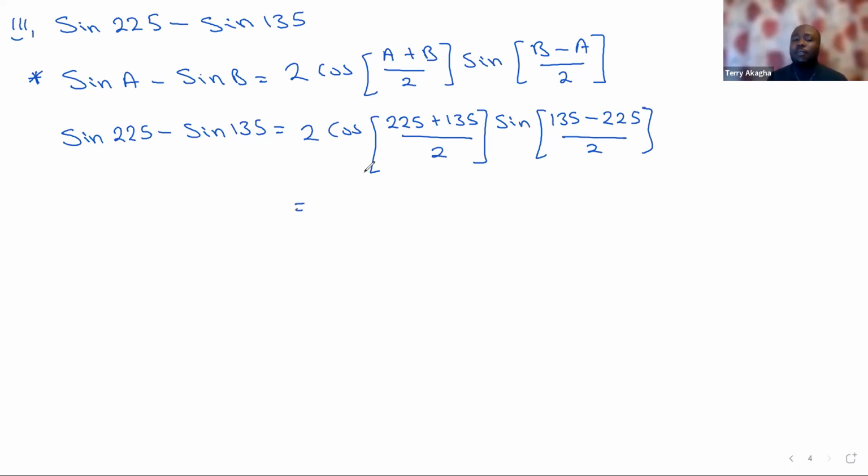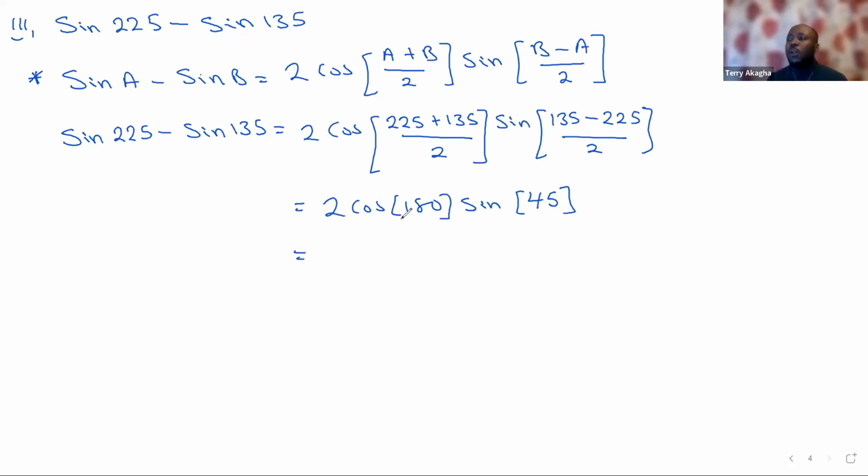Okay, so now we can further simplify this. So we can add and divide. When you add 225 plus 135 divided by 2, it gives us 180. So it's going to be 2 cos 180. When you have 135 minus 225 divided by 2, you just press your calculator, and this should give you 45. Okay, then we are now done.